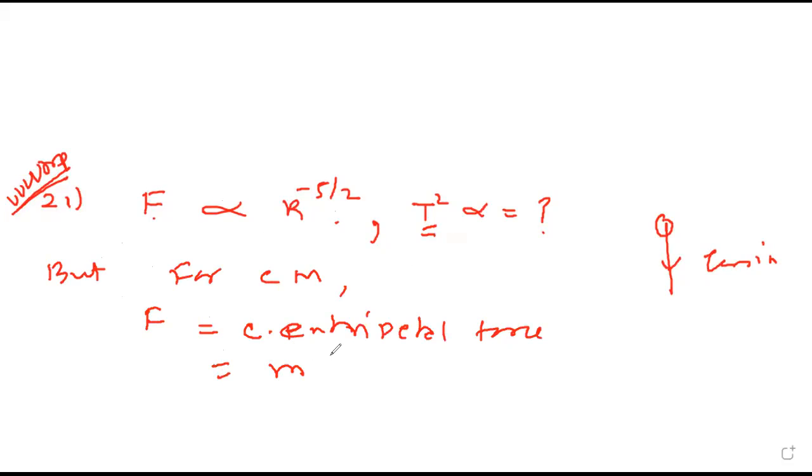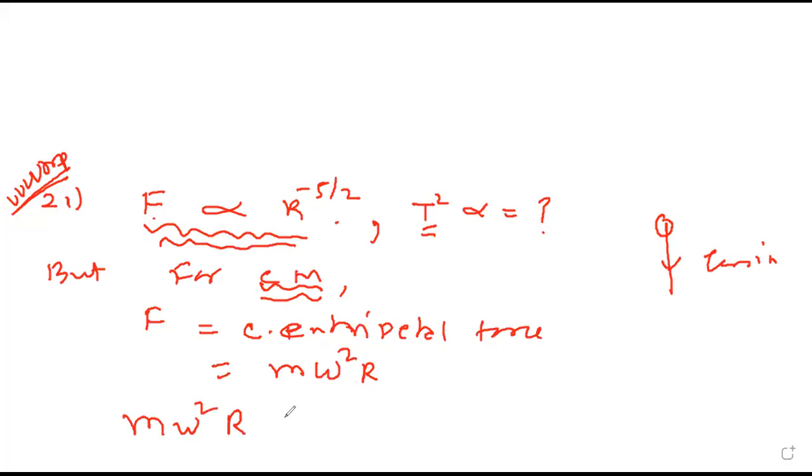See, time has been asked, so I write in omega. So can I say m omega square r? That is the same formula. So if a body is performing circular motion, then whatever I write, m omega square r, should be proportional to r raised to minus 5 by 2.